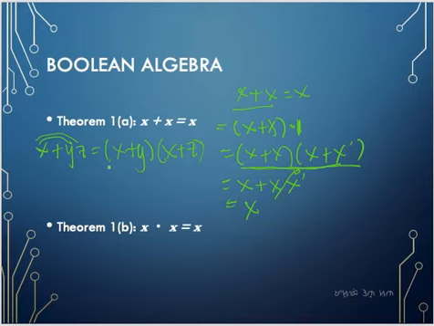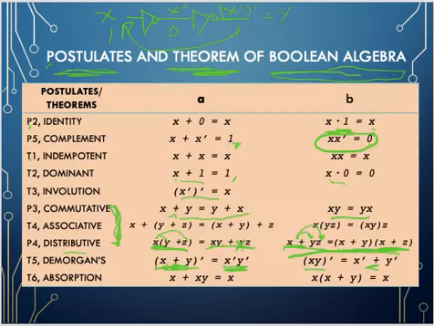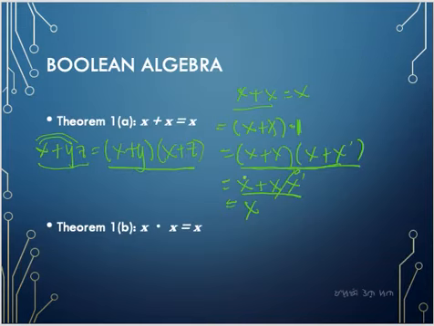Kung palitan ko yung y ng x, yung z ng x prime, ang mangyayari ay ito ang kalalabasan niya. See the pattern? Now, ito naman na x prime, nabanggit ko, that is equal to 0. Therefore, matitira sa akin ay x. So, therefore, ito ay tama.